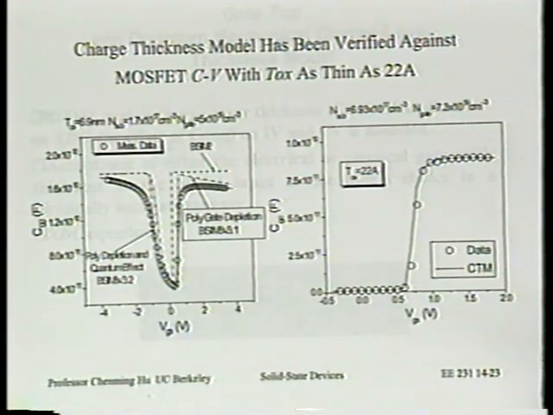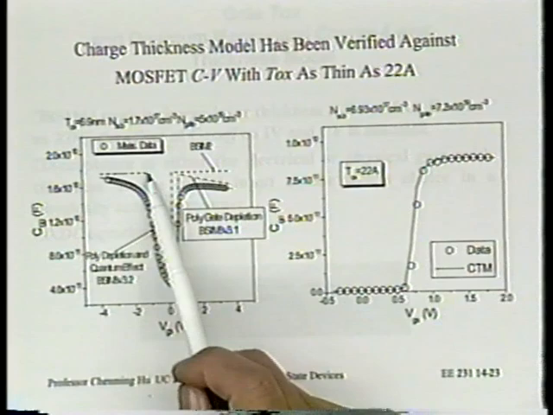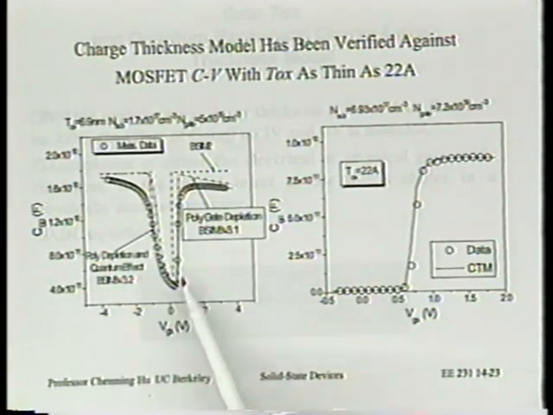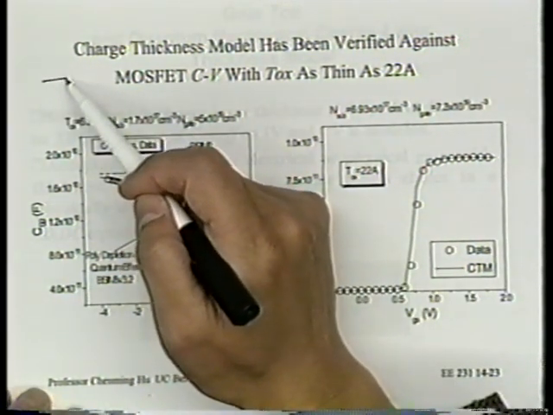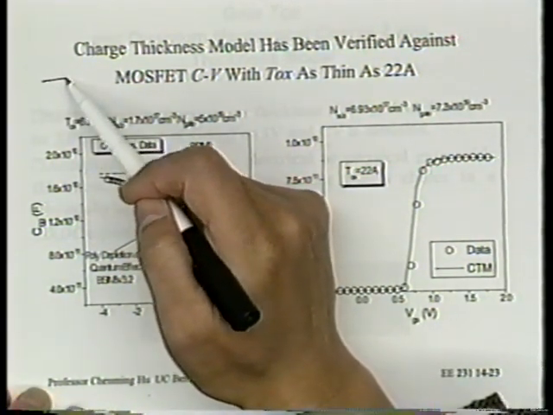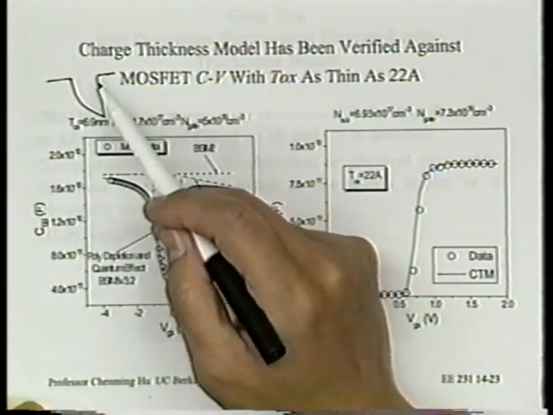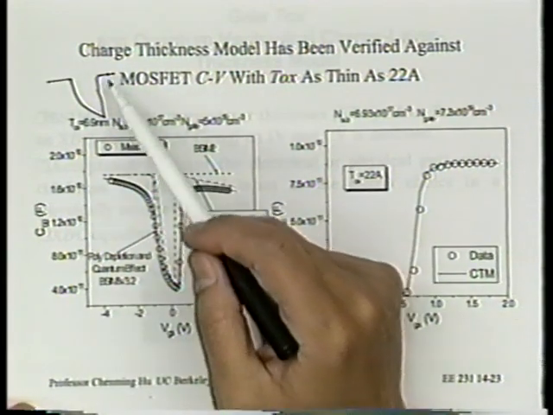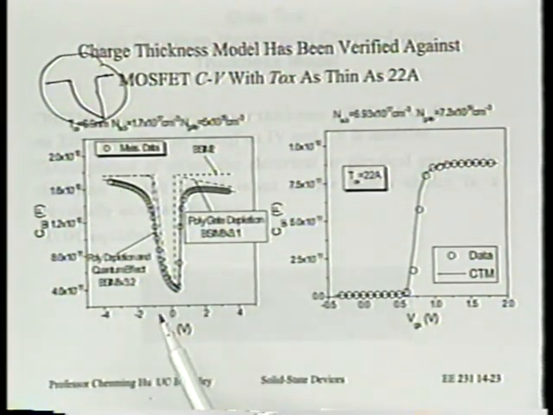Okay? All right. So there's several curves here, right? For example, this very sharp transition here, that's the piecewise curve that we usually learn in the undergraduate textbook, right? This is accumulation, depletion, inversion, and threshold. By the way, this model is still used in circuit simulation today.